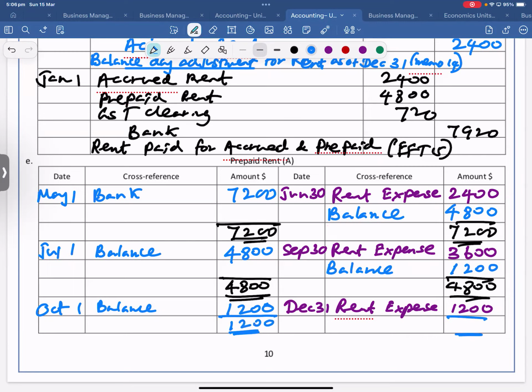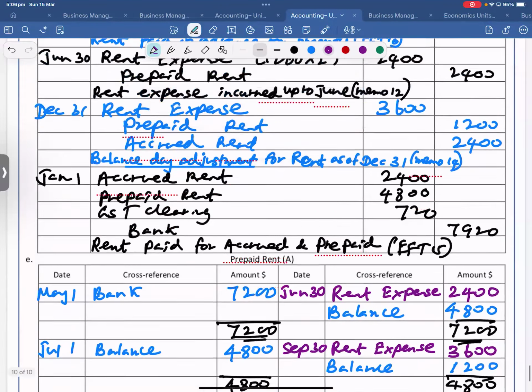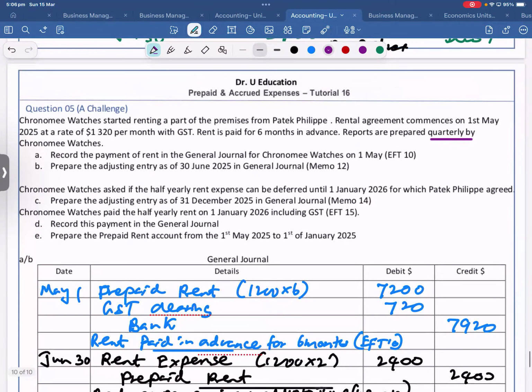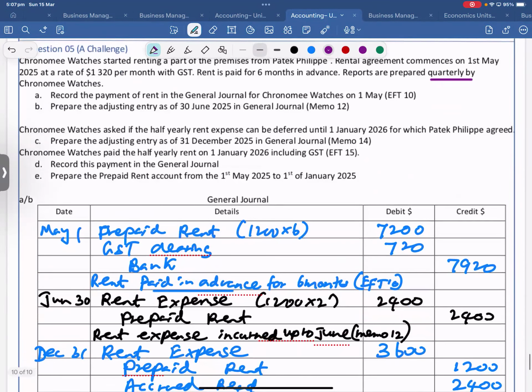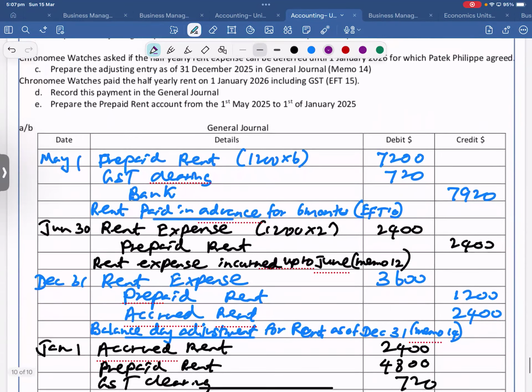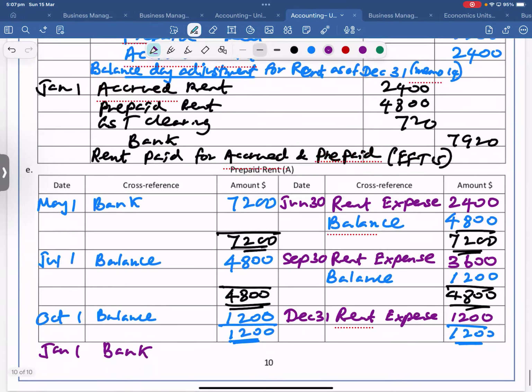Right. Then what happens again? January 1st. What is it? Bank. How much though? How many months?